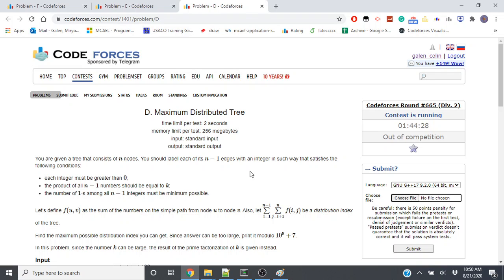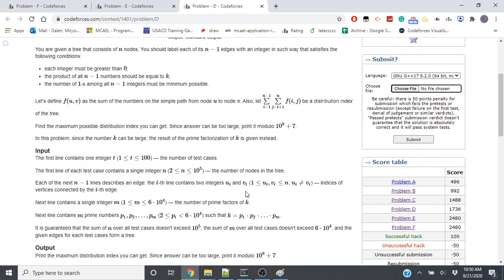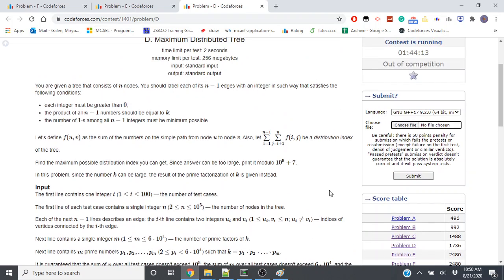Number of ones among all n-1 integers must be minimum possible. Sum of the numbers on the simple path from node U to node V, so let that be a distribution index of the tree.